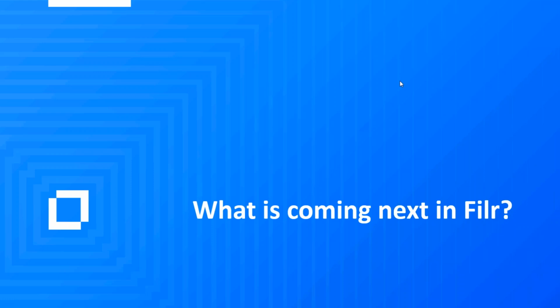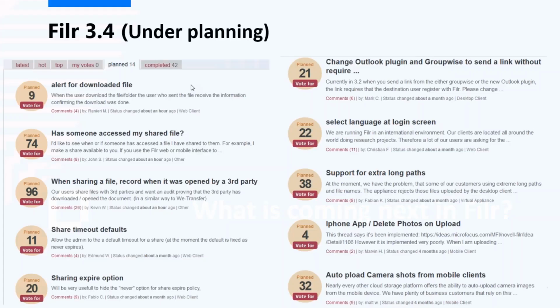So let's take a quick look at what's coming next with Filr after Filr 3.3. The next release that we're going to make would be Filr 3.4. We may have some minor releases based on the security vulnerabilities that get reported or discovered in the field, but then the current plan is to release Filr 3.4.